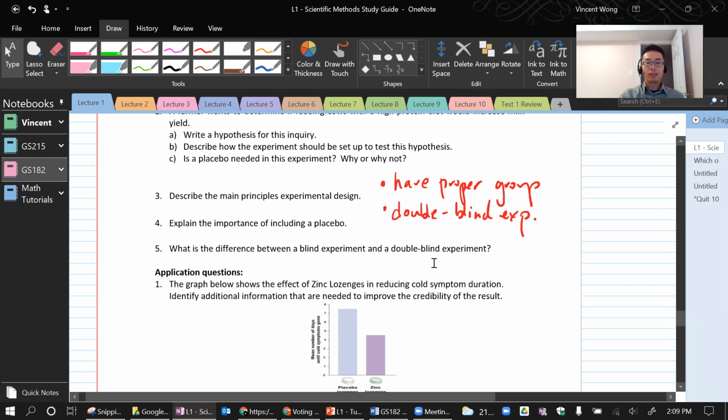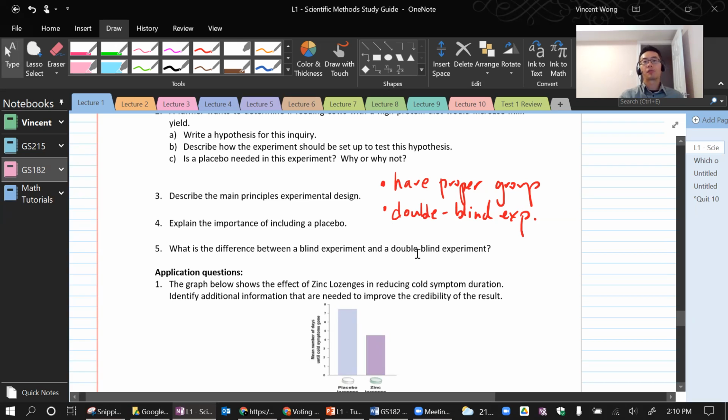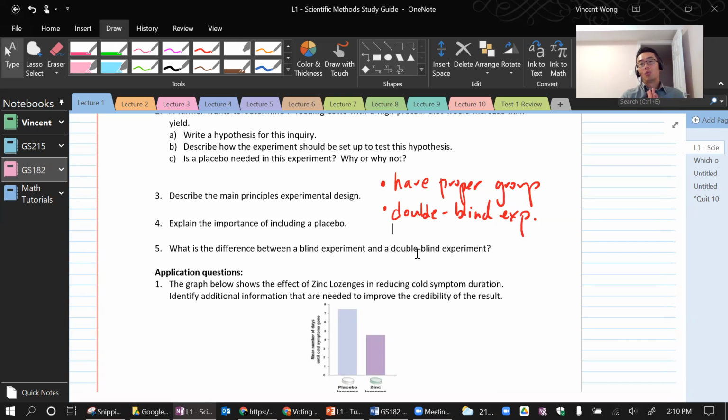A double blind is where even the researcher themselves do not know what they're giving, okay? So that's to account for bias in the researcher, right? As a researcher, sometimes we are biased because we want the drug to work. We want the experiment to work. So when we assess the outcome, we might be a little bit biased.